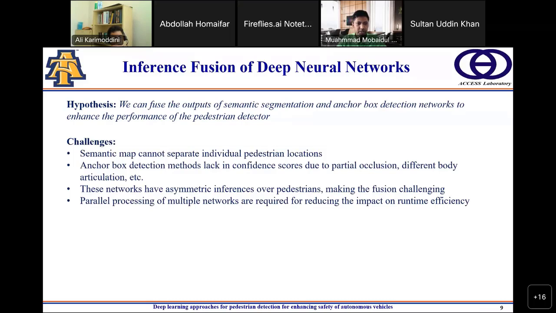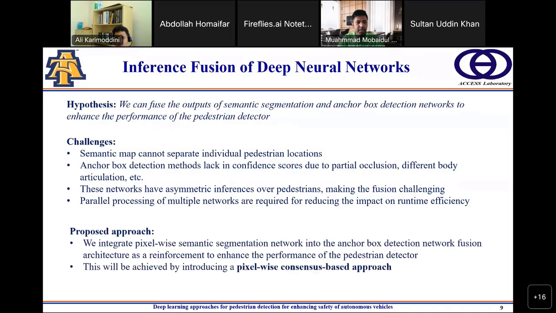And the anchor box detection method lacks confidence scores due to partial occlusion, different body articulation, etc. These two different types of networks have asymmetric inferences over pedestrians, making the fusion challenging. Also, parallel processing of multiple networks is required for reducing the impact on runtime efficiency. So these are the challenges.